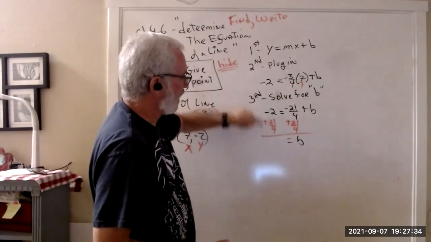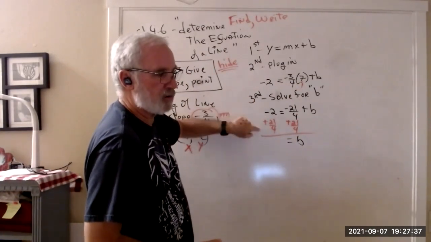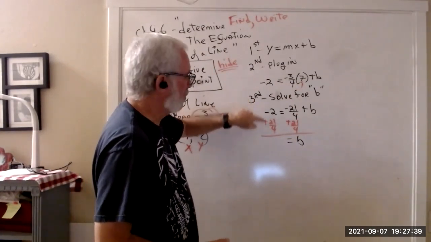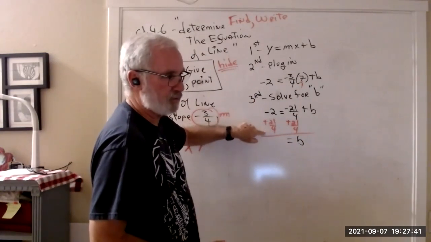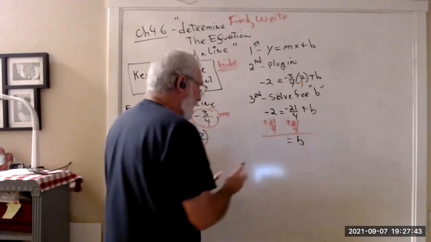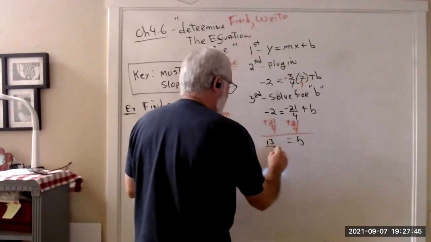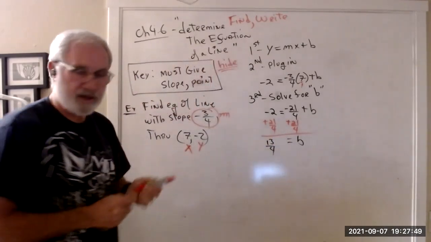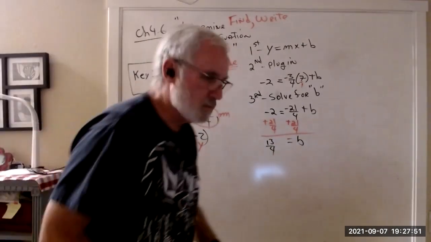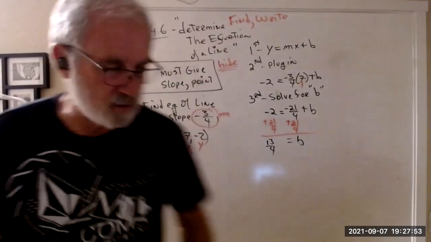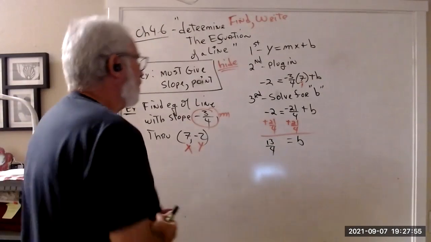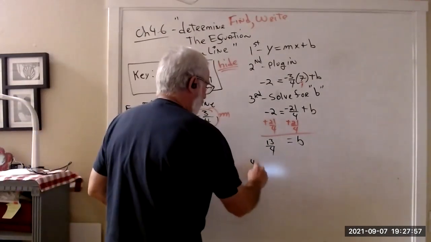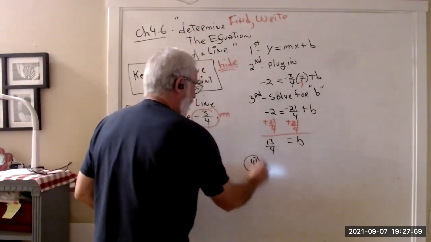Where you're going to want your calculator is here. -2 plus 21/4. I believe it becomes 13/4. Can anybody confirm that? Yes, that's correct. Okay. So fourth, we put it all together.